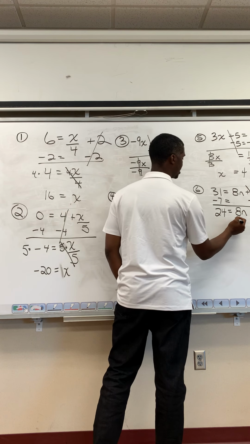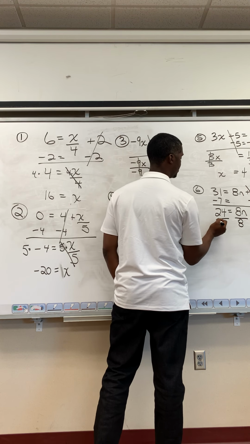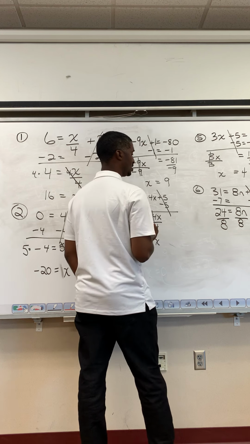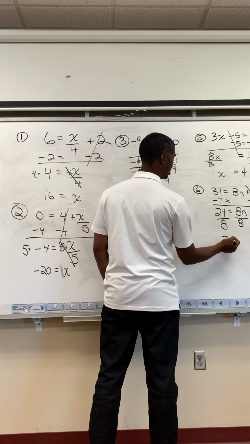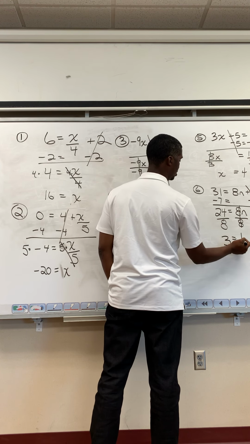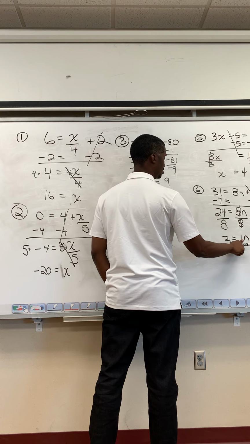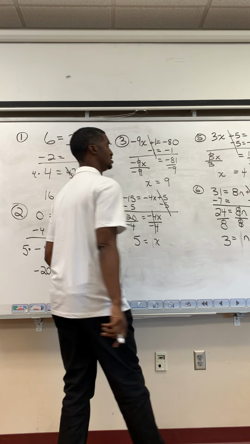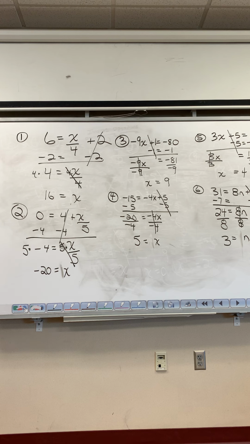Next, I'm gonna divide both sides by 8. That's gonna leave us with 3 is equal to, that's 1n. Don't need the 1. Check those real quick. Cool. Next problems.